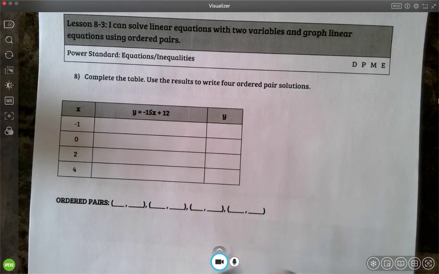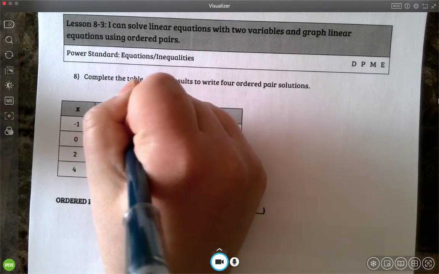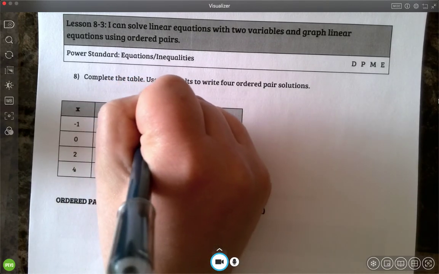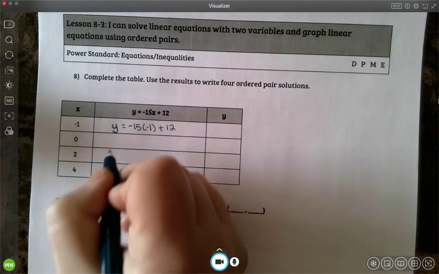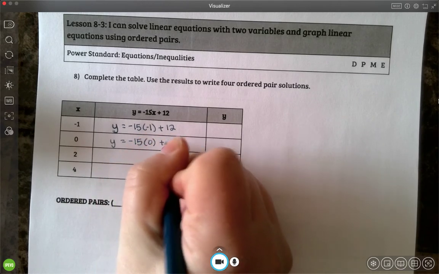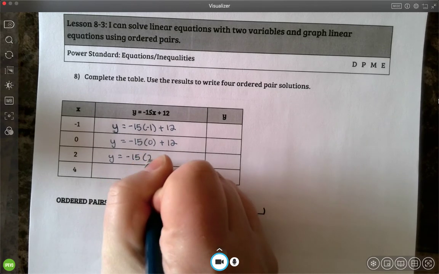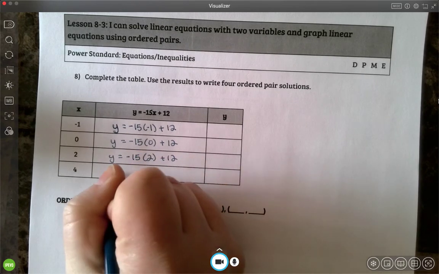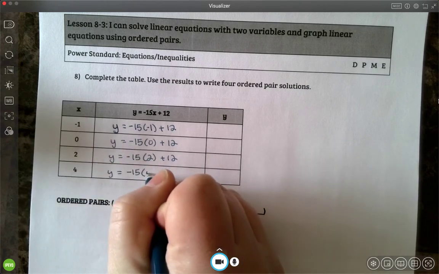So I'm going to say y equals negative 15 times negative 1 plus 12. And I can just go through and rewrite all of these so that it is all set up to solve. And I'm just plugging in those numbers that I have for x over on the left.